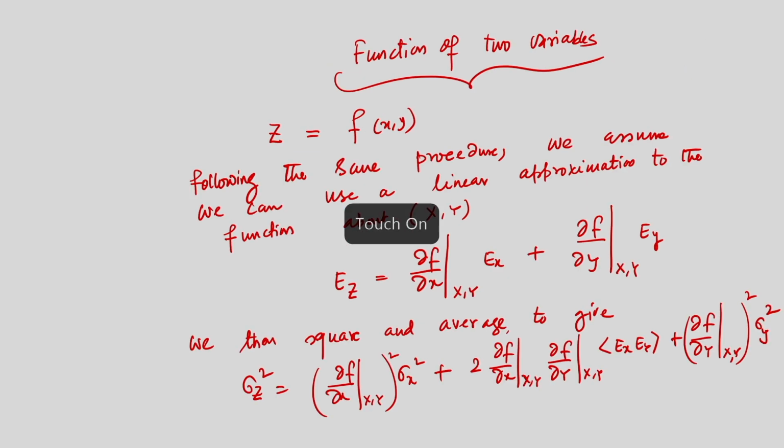If we go back to the previous slide, that means we have considered today one case where the function is a single variable function. We have discussed the steps in detail and we have calculated the error and the standard deviation.